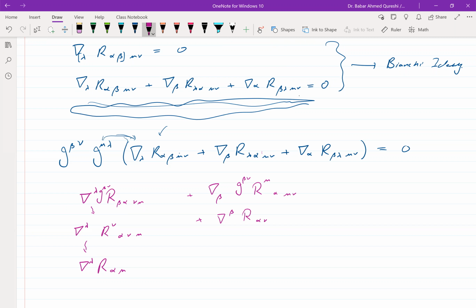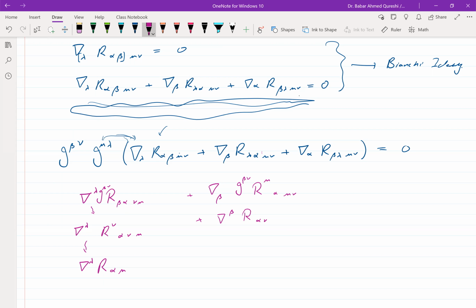Wait. D lambda R alpha mu. This was lambda. Lambda raised the index. I got alpha nu.